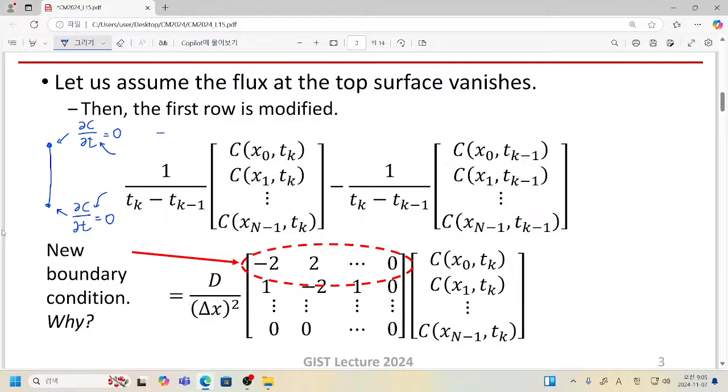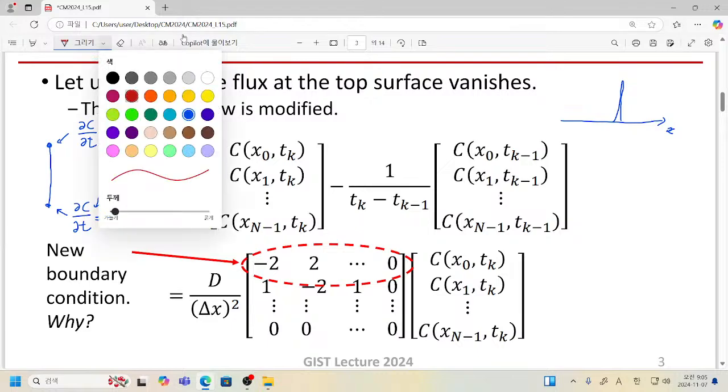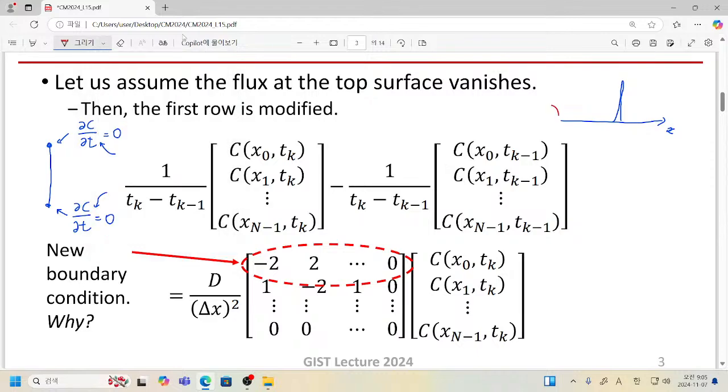Please think about our previous example. This is position x, and initially it was highly concentrated, and our boundary was placed far away from this highly concentrated point.